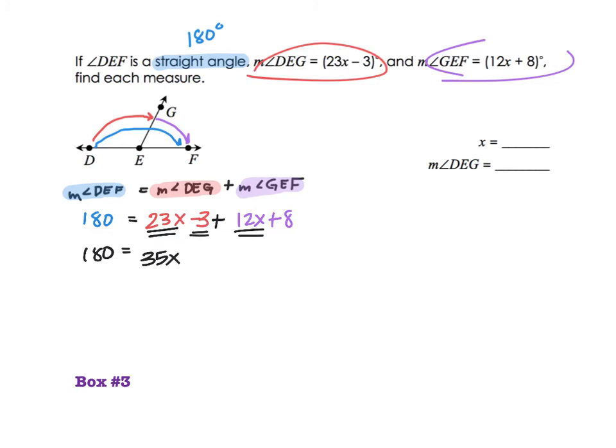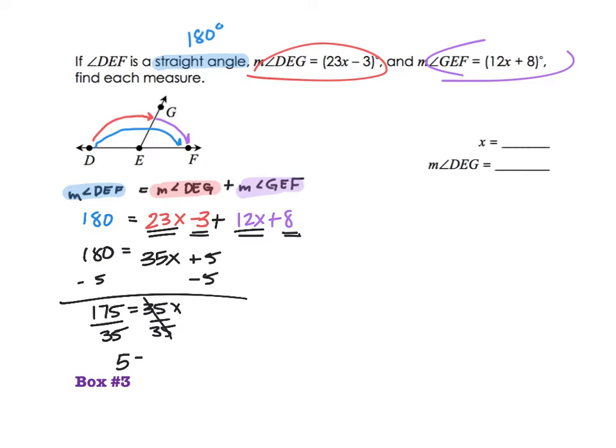Combine the minus 3 and the plus 8, and I get plus 5. I'm going to subtract 5 on both sides. I get 175 is equal to 35x. Divide both sides by 35. These cancel, and I'm left with 175 divided by 35, which gives me 5. So I have 5 is equal to x. I found my x value, which is 5.